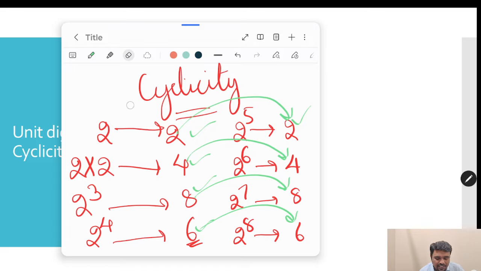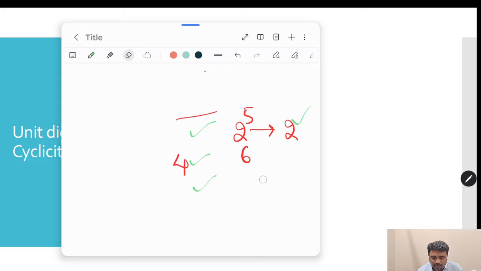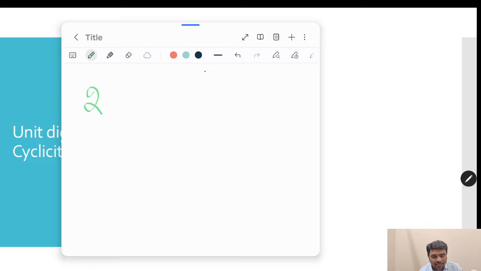So now I can write the cyclicity of unit place of 2. The discussion is all about unit place only.